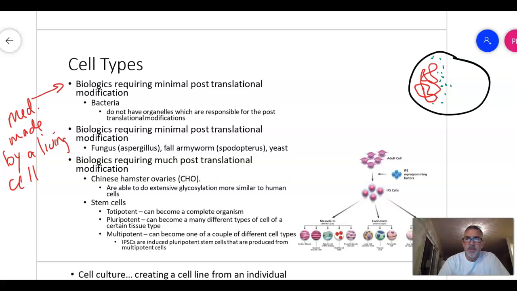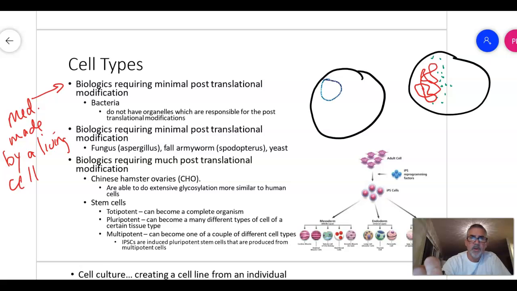So if we think about a eukaryotic cell, I have the cell, I have the nucleus, and in the nucleus I have lots of DNA. But outside the nucleus, I'll have the endoplasmic reticulum, and then I'll have the Golgi.